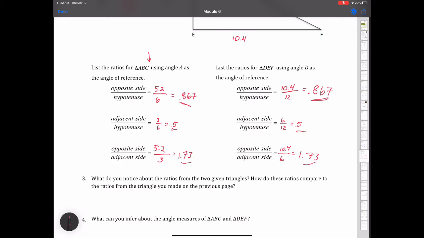Number 4: what can you infer about the angle measures of triangle ABC and triangle DEF? If all those ratios are the same, that means we probably have similar triangles. If the ratios of side lengths are the same, then we have similar triangles, which means those angles are the same.